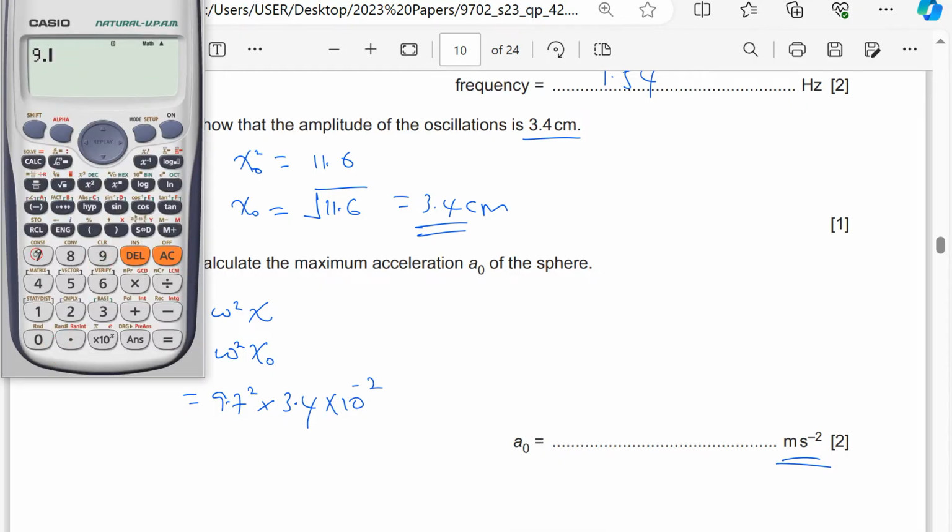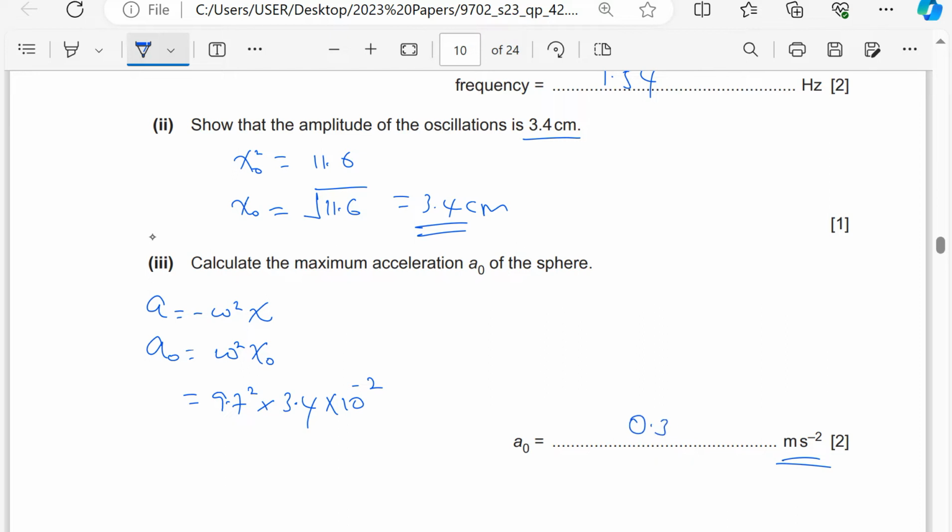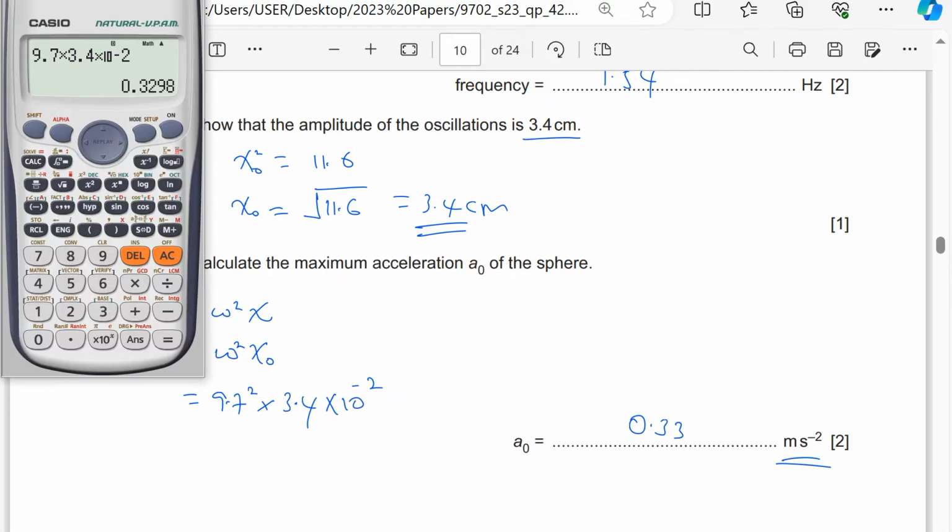So 9.7 times 3.4 exponent minus 2 is 0.33. Did I say 0.33?